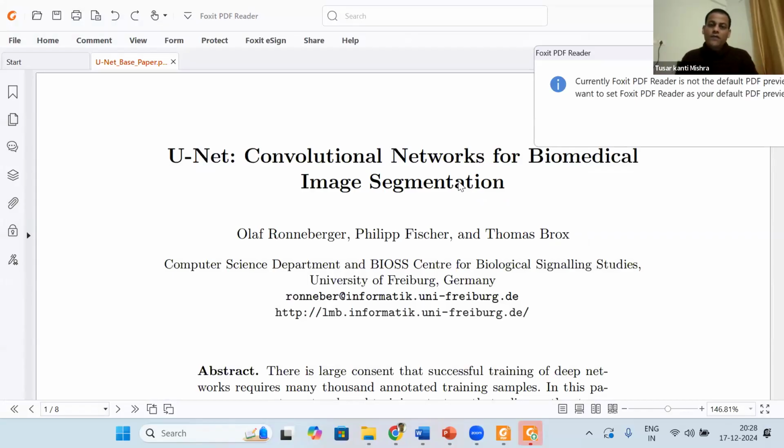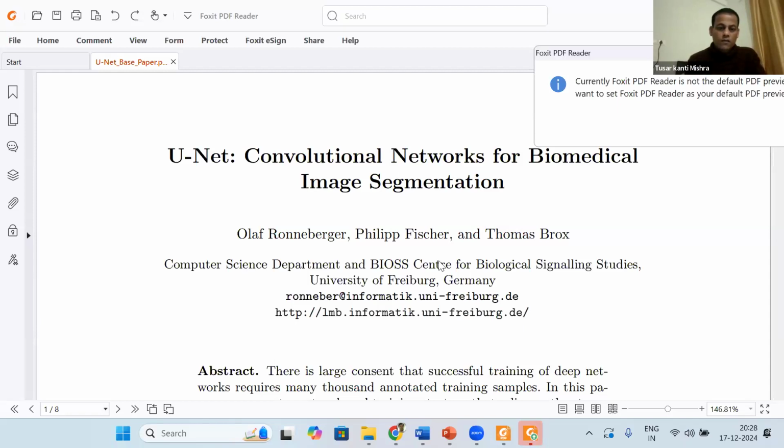Many deep learning models between 2011 and 2017 were introduced to the world of researchers, like GRU, GAN, and LSTM a little earlier. So this research article is UNET: Convolutional Networks for Biomedical Image Segmentation.